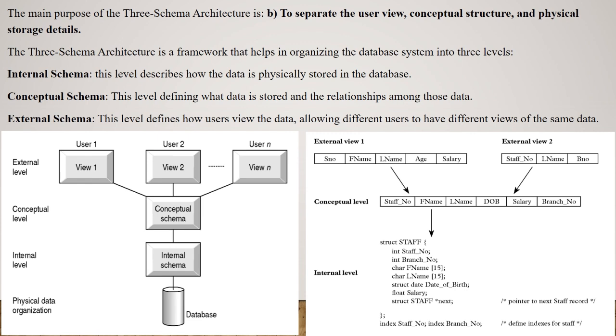Like this, the purpose of the three schema architecture is to separate the user view, that means the external level, the conceptual level or conceptual schema, and the third one, the physical schema or internal schema.